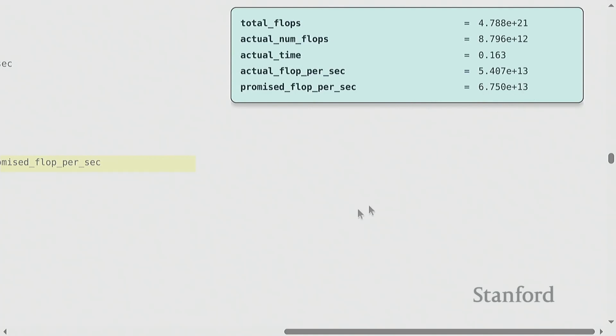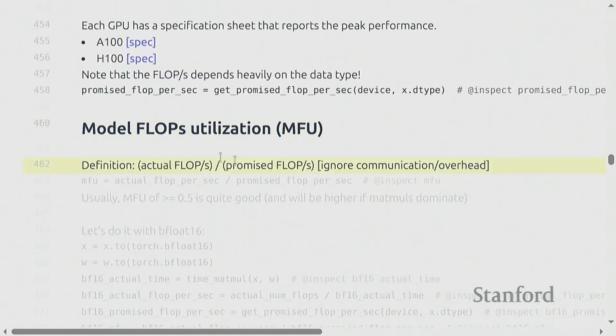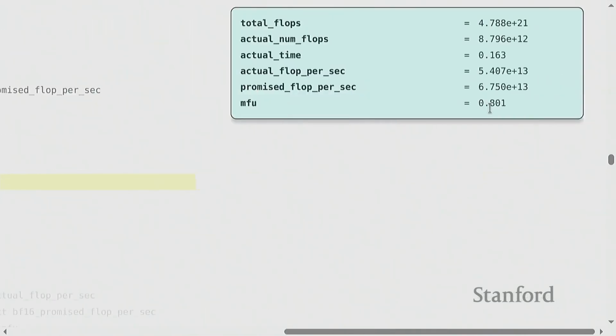And now there's a helpful notion called model flops utilization, or MFU, which is the actual number of flops divided by the promised flops. So you take the actual number of flops, which is the number of floating point operations that are useful for your model, divided by the actual time it took, divided by this promised flops per second, which is from the glossy brochure. You can get an MFU of 0.8.